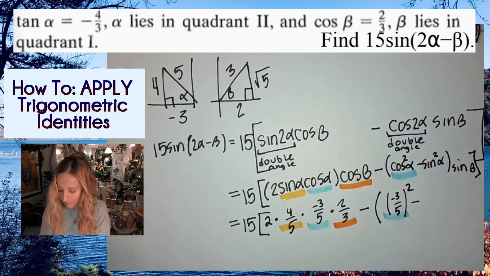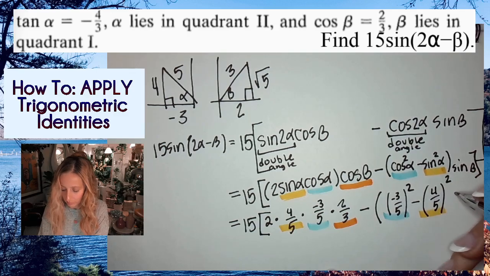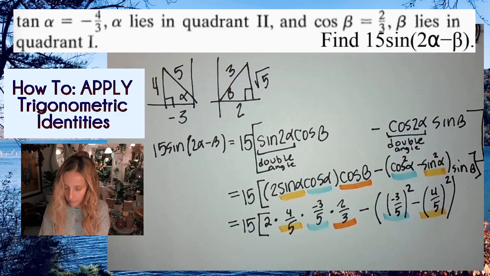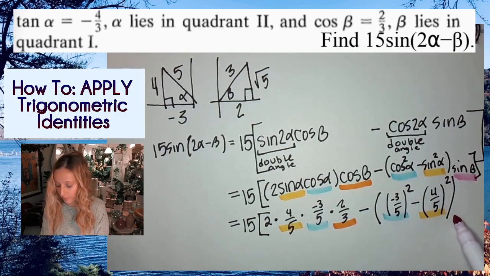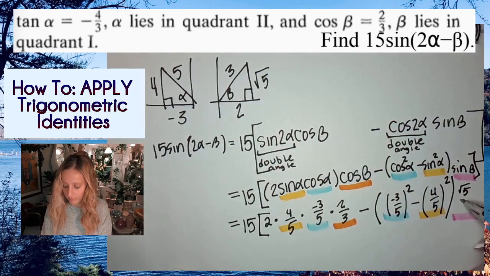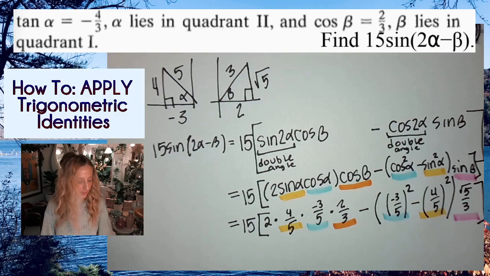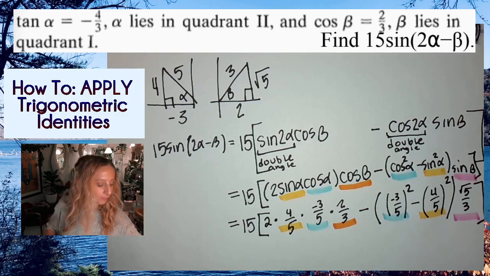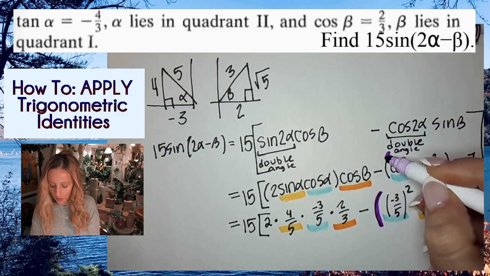Minus sine of alpha squared. Okay. Sine of beta. Now, are all of my parentheses bookended, for instance, this is open and closed around that?